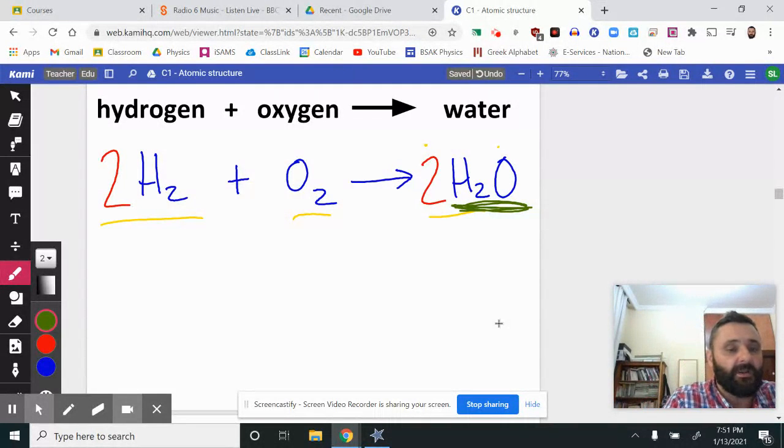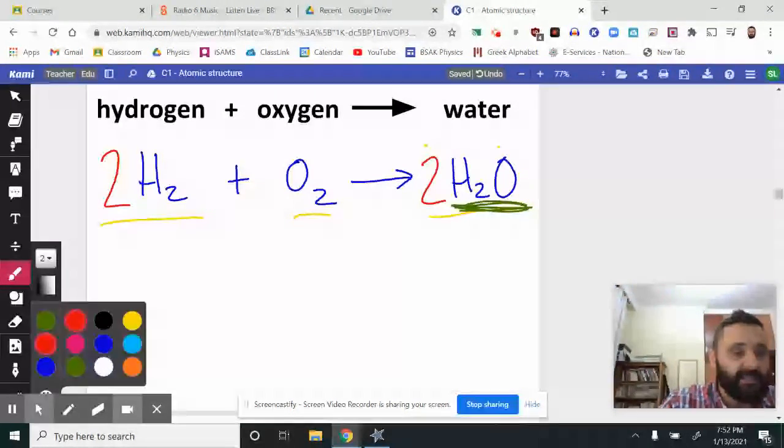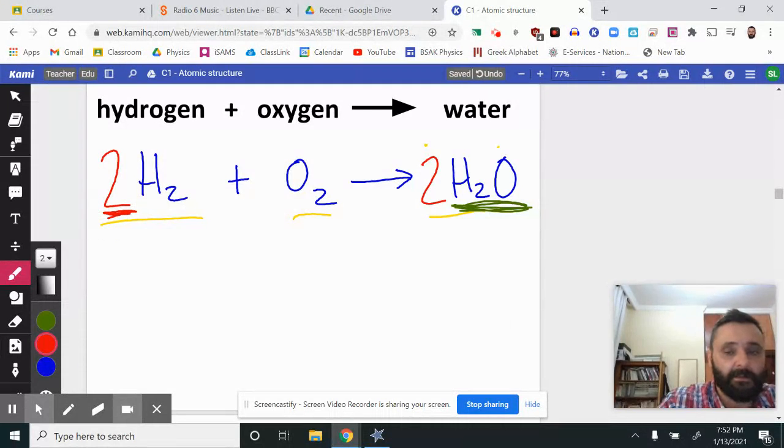Even hydrogen, we can't make that H3 because that doesn't exist. Hydrogen's always going around in pairs, H2. The only thing you can do is double up, triple up, or quadruple up your compounds and elements.